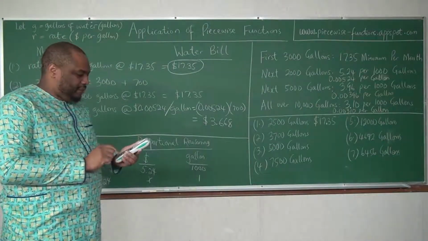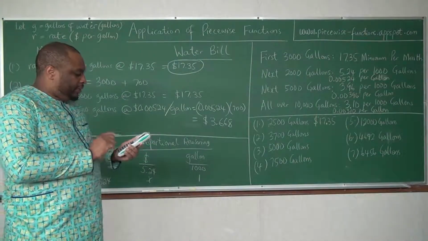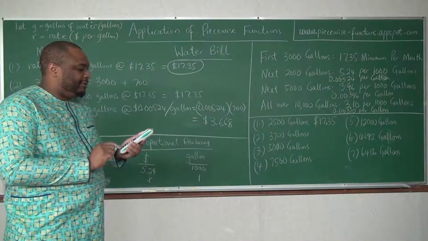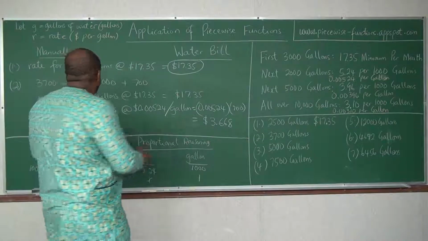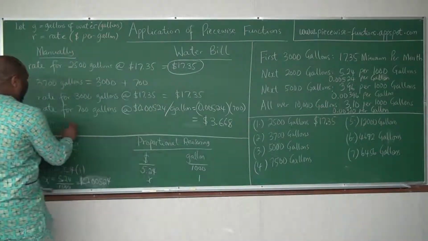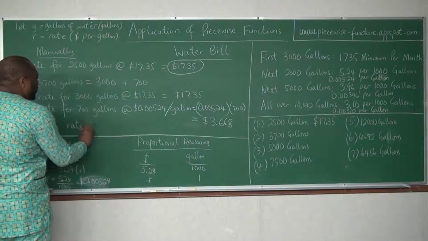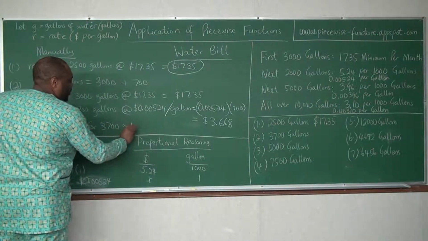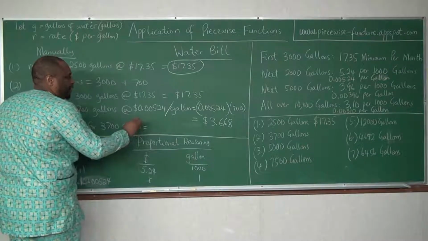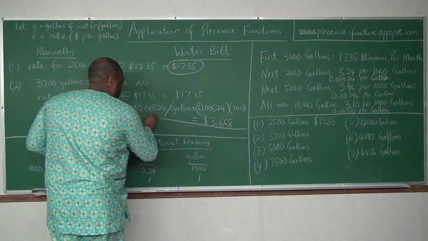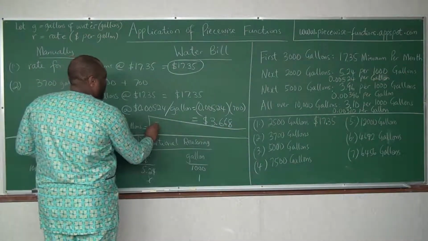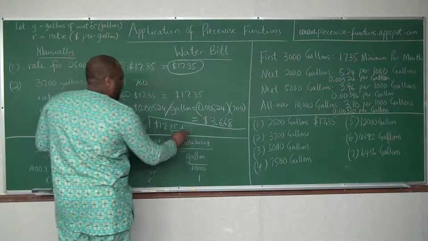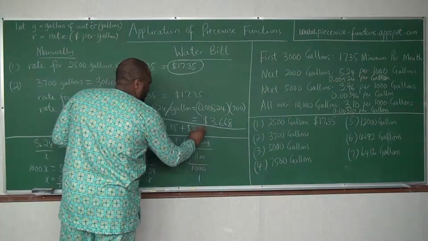So this gives us now 3.668 plus 17.35. And that is, we now add, so the rate for 3,700 gallons, you add both of them. You add 17.35 plus 3.668.